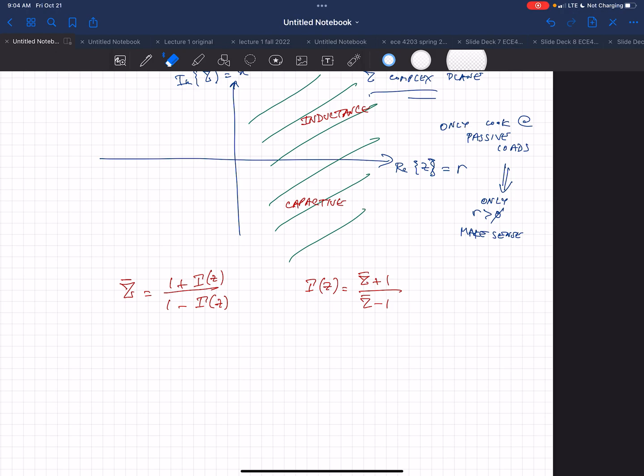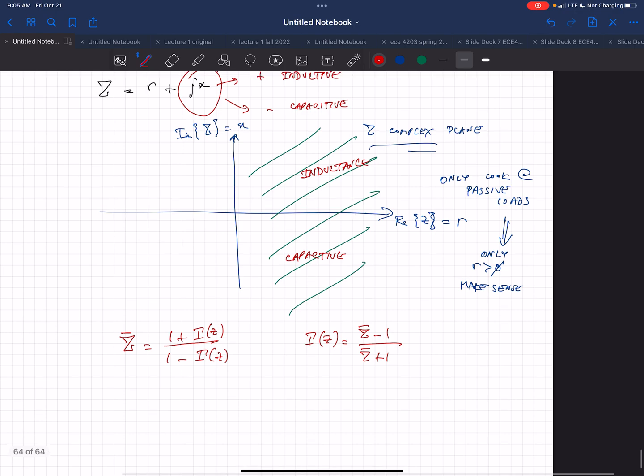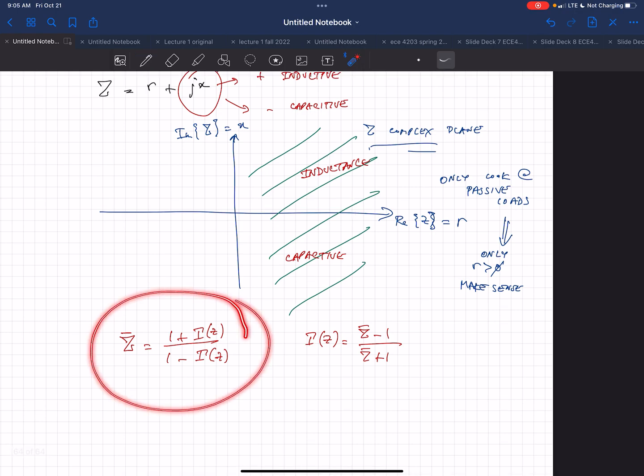Sorry, I wrote this wrong. Plus. So these two are related together. So this z is a function of gamma sub z.